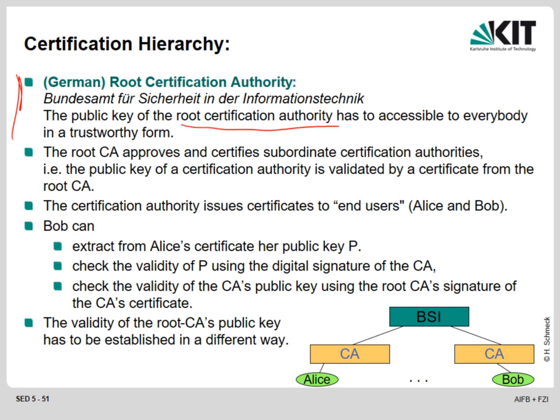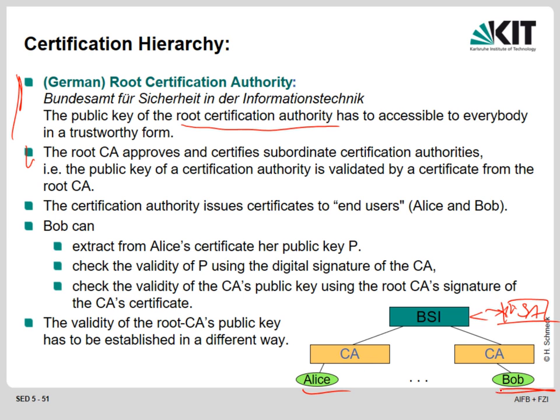And now certainly it may be that you have other roots of trust, like, as a neighbor, the NSA or some other country. Then they must be able to exchange information on their certificates. So the root CA approves and certifies subordinate certification authorities, and then they can issue certificates again.